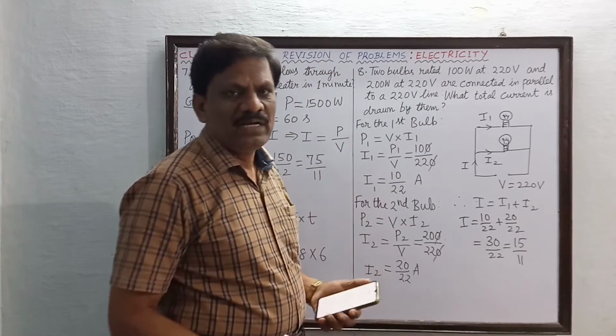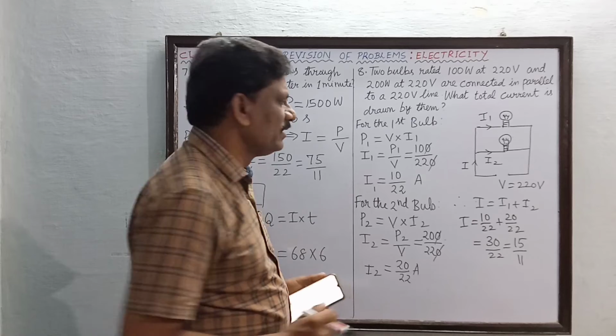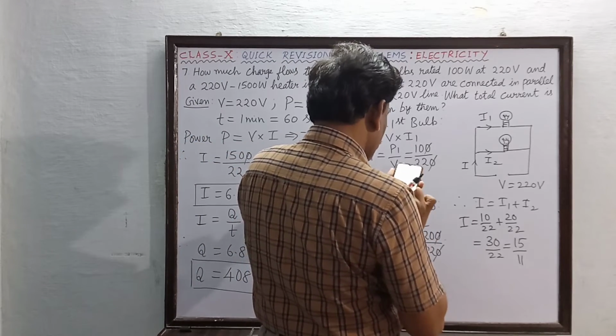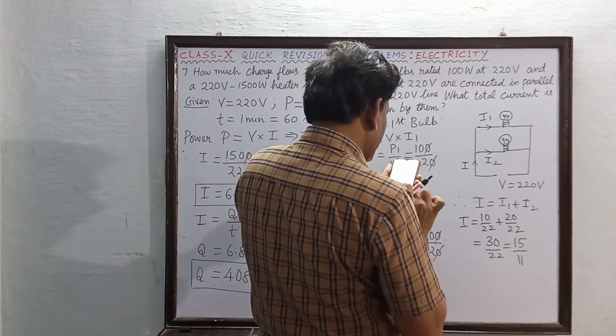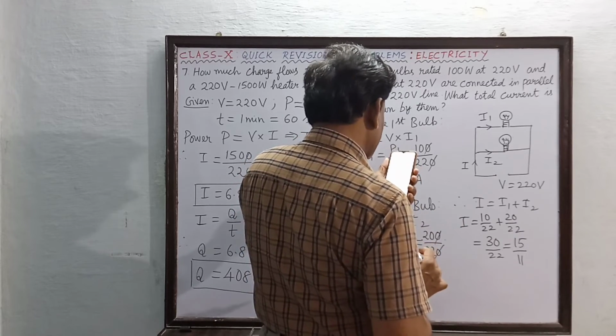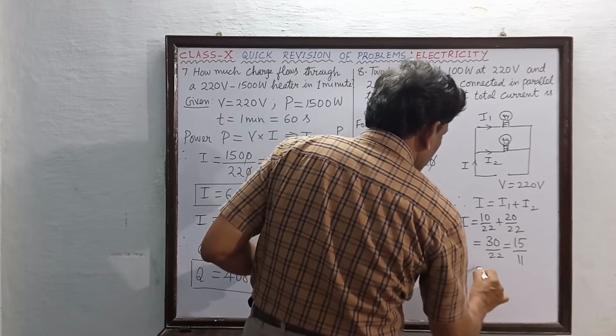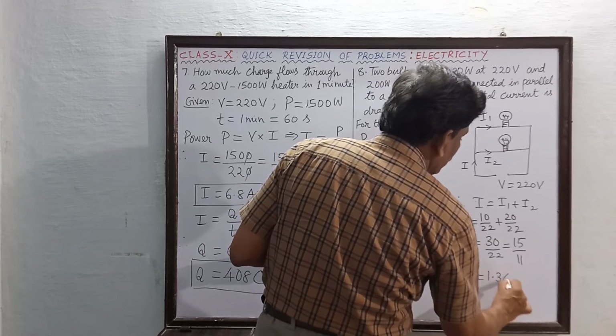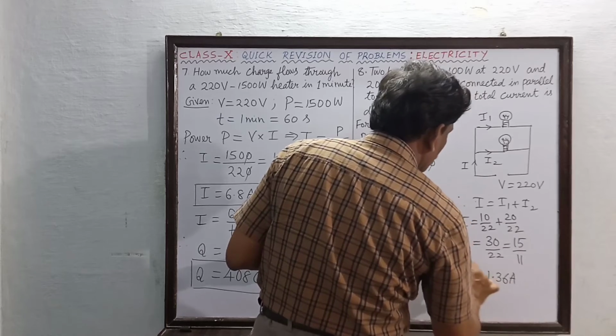If you divide this, the answer will be 1.36, I think. So 15 divided by 11 is equal to 1.36. Therefore I is equal to 1.36 ampere.